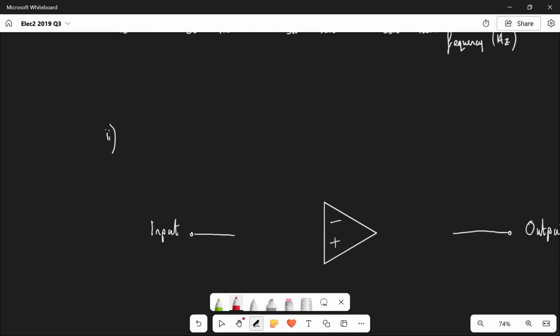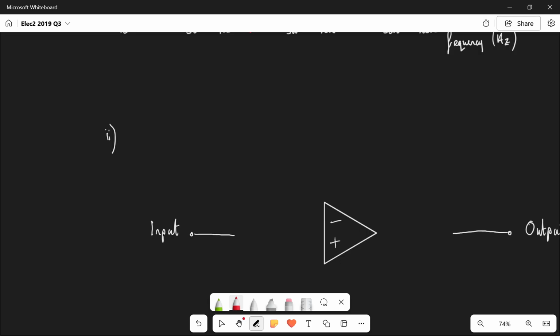Okay, so for part 2, design a suitable circuit for this filter to create the best possible fit to the specification using the following components and no others: an op-amp, a 39 kilo ohm resistor, an 82 kilo ohm resistor, and a 10 nanofarad capacitor.